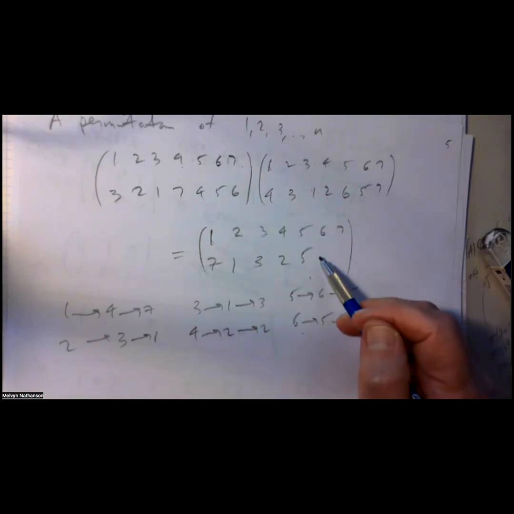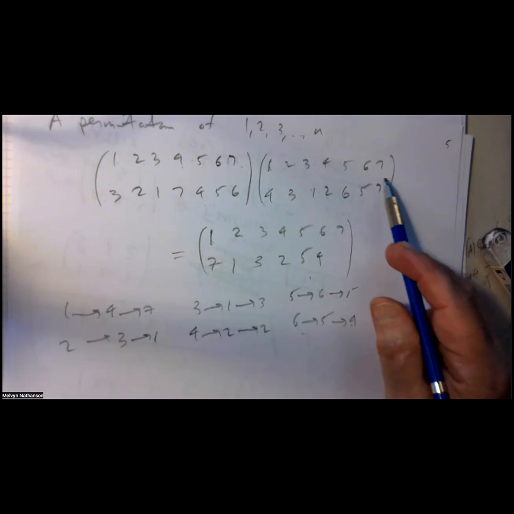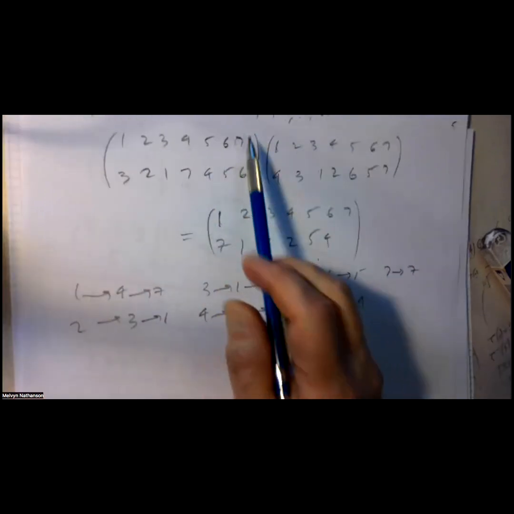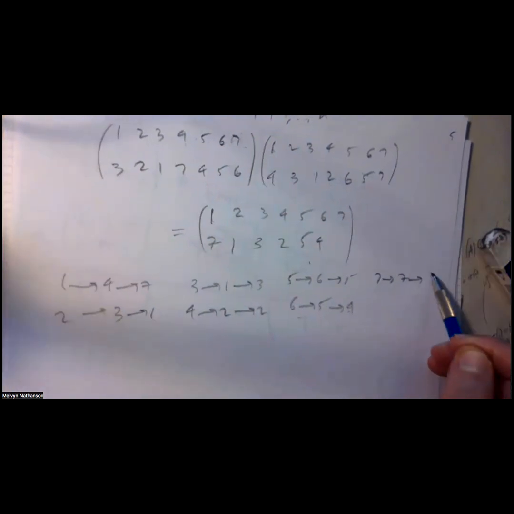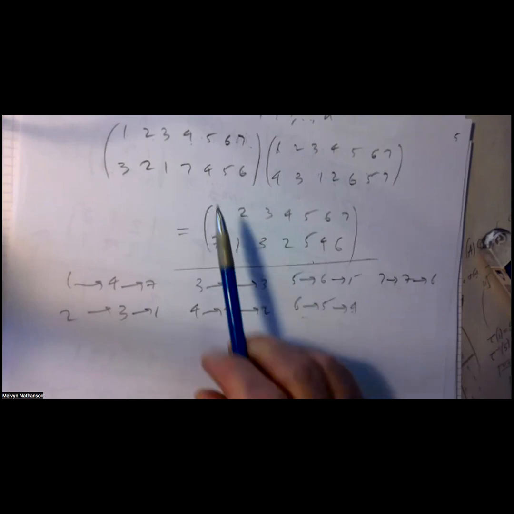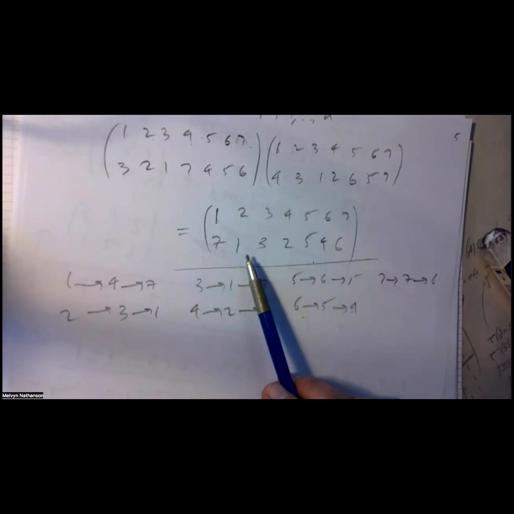So 6 goes to 4. And 7 goes to 7, and then 7 goes to 6. So 7 ends up at 6. So we have that the product of these two permutations is a third permutation, 7, 1, 3, 2, 5, 4, 6.